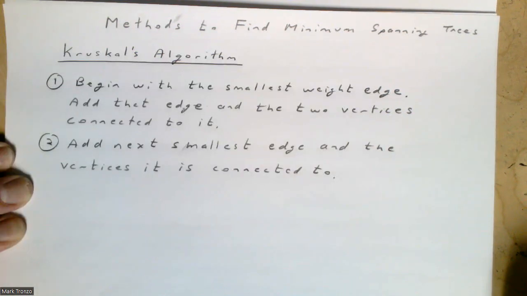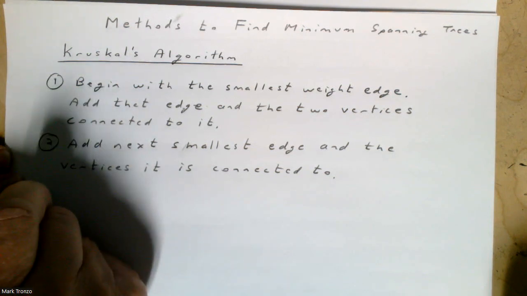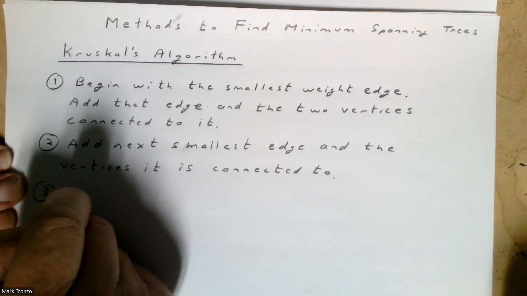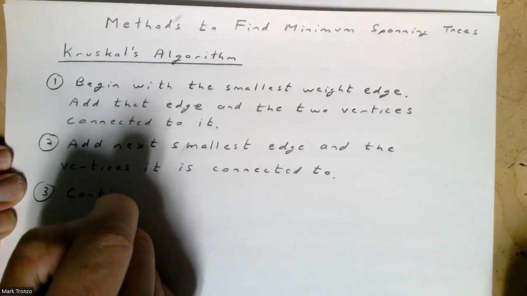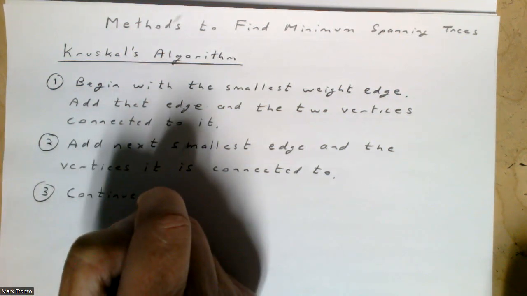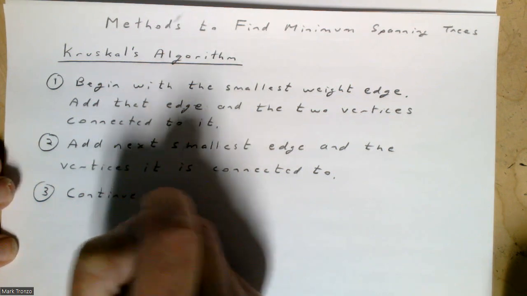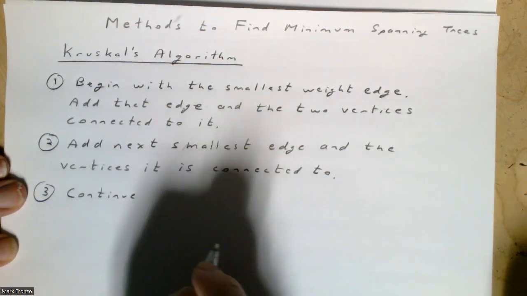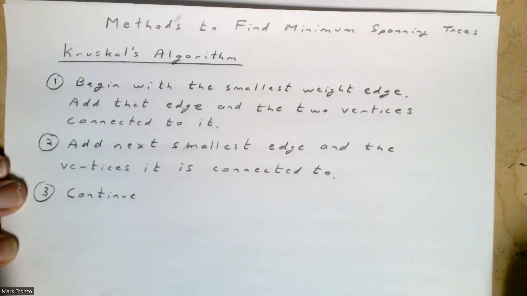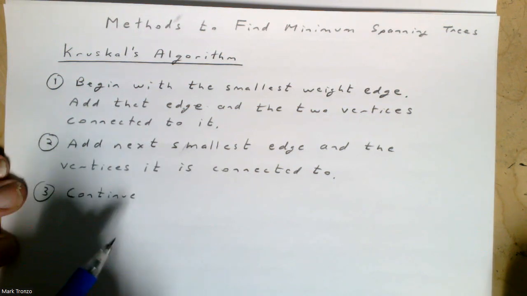Of course, obviously, if one of the vertices is already there, you don't have to add it. We do have to add the edge and continue by adding the next smallest.